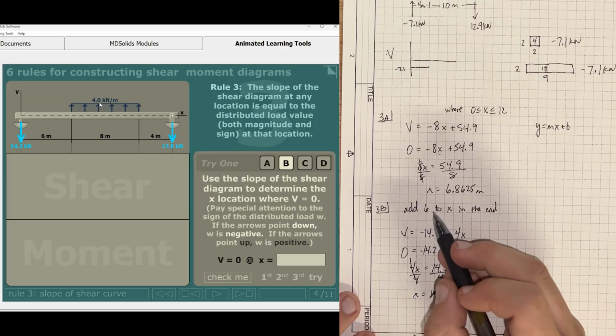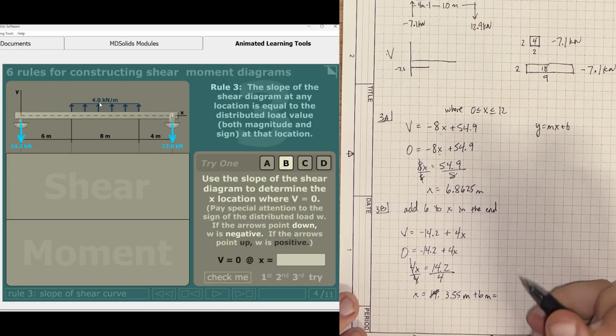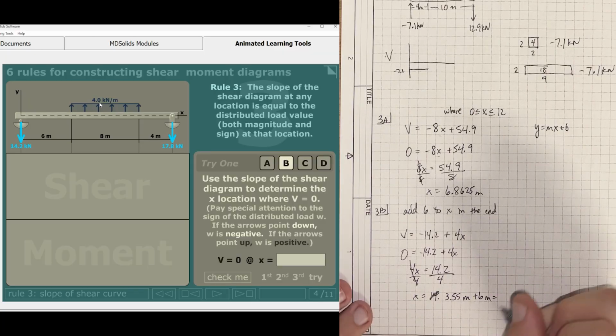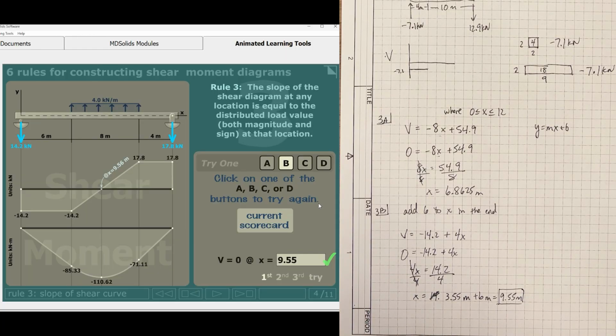Now, just as we were saying, we need to add 6 meters to the end. Now we get that value of 9.55 meters, and so that's where V is equal to 0. So we can go ahead and do that, 9.55, just like that.